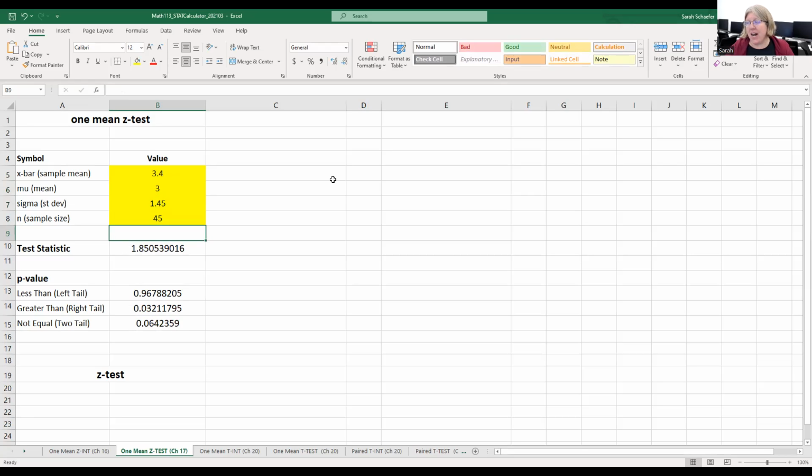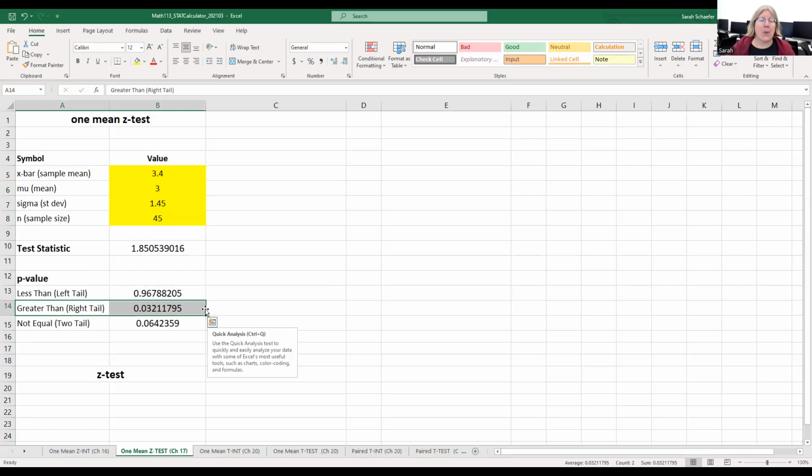Our alternative hypothesis was greater than 3 minutes, so greater than is a right tail test, and what we want is this number here, 0.032. I usually use 3 decimal places so I have enough to compare to my alpha. So 0.032 is what I'm going to take back with me, and I'll see you back over in the PowerPoint in just a second.